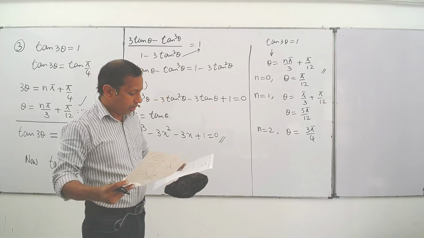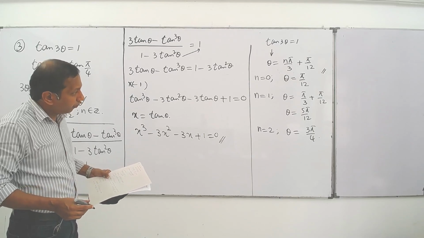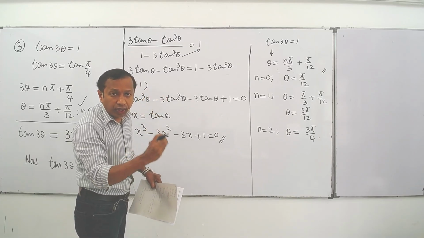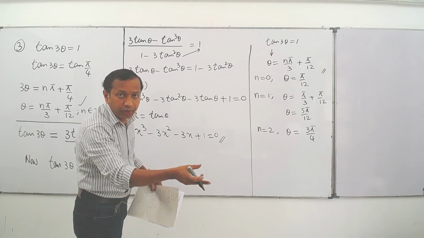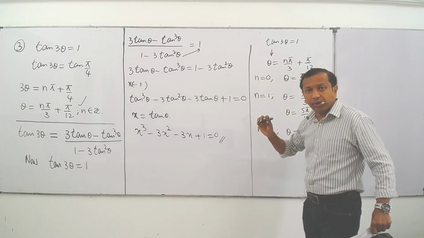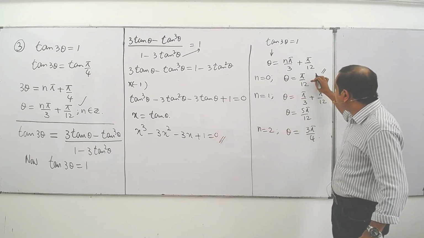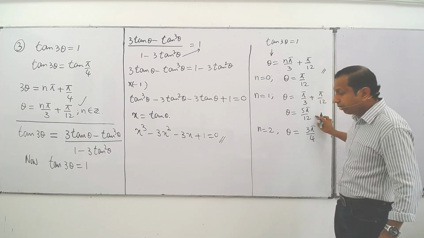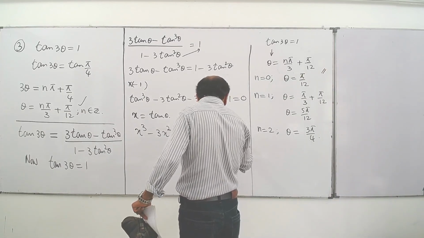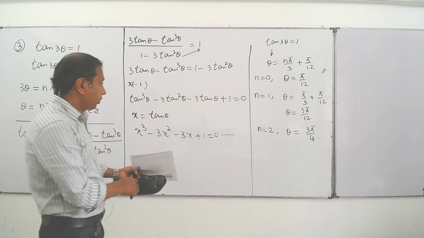Okay, right. Now, we told the solutions of this should be tan theta values, no? It's theta value only here we have, right? And then the solutions of this equation should be tan pi by 12, tan 5 pi by 12, tan 3 pi by 4. Understood? Then we can write here, put this as a star, right? The equation we take as star.